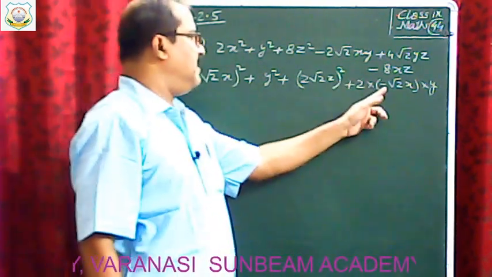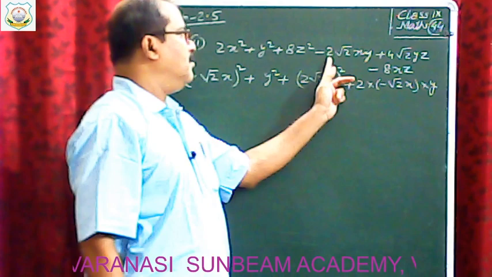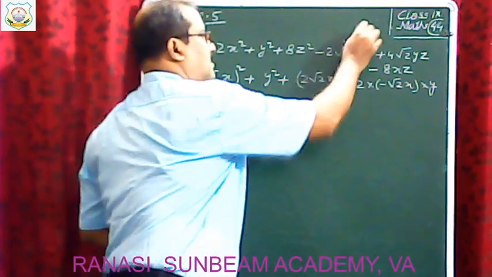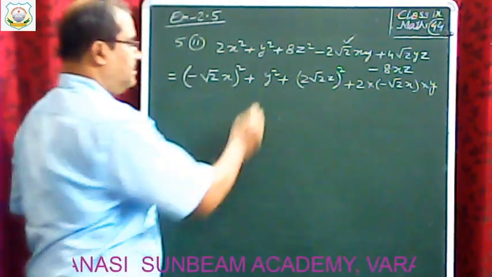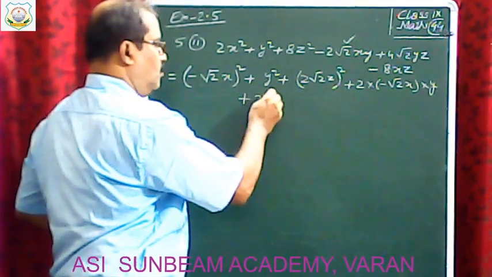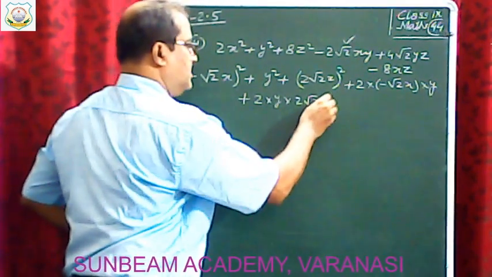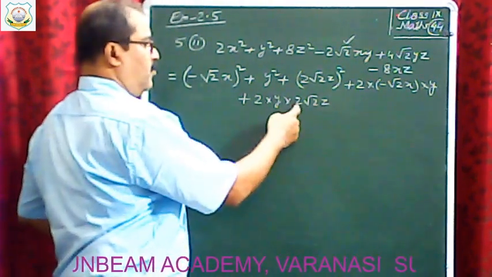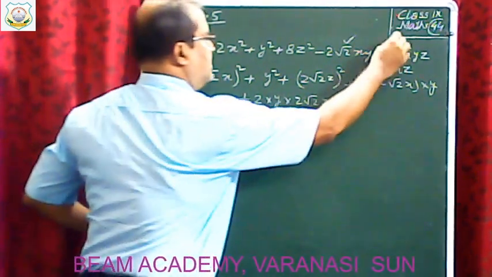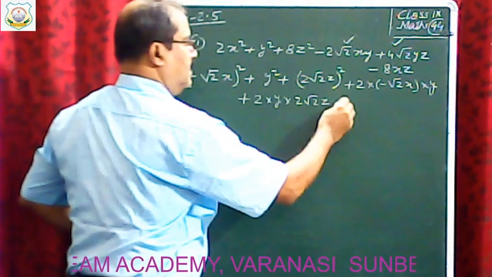So plus minus minus 2 root 2 xy, minus 2 root 2 xy, matched. Plus 2bc, b means y, c means 2 root 2 z. So 2 into 2 root 2 yz, 4 root 2 yz, also matched.